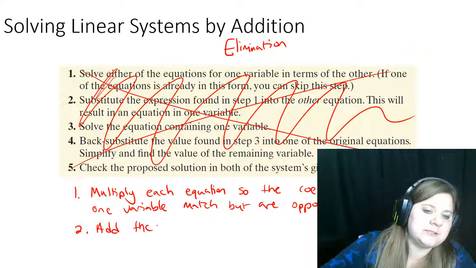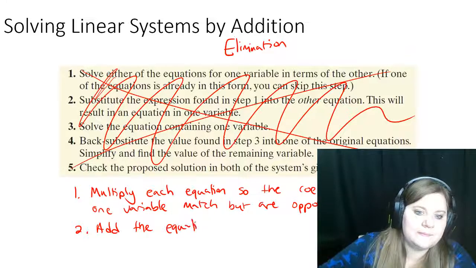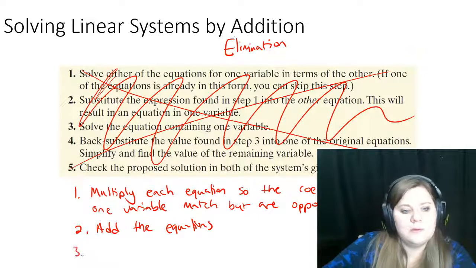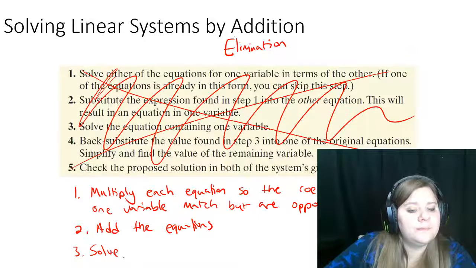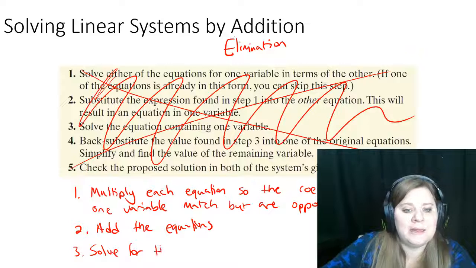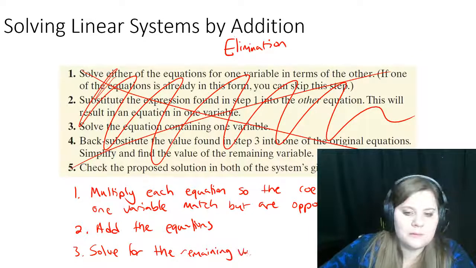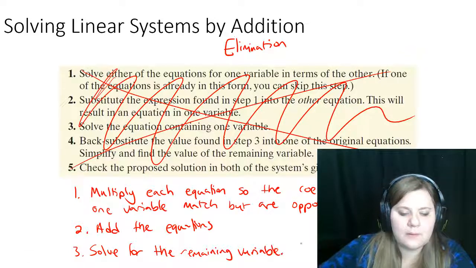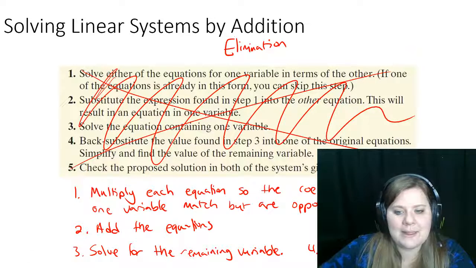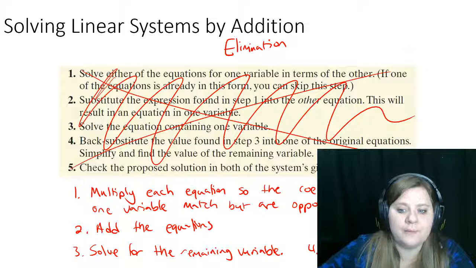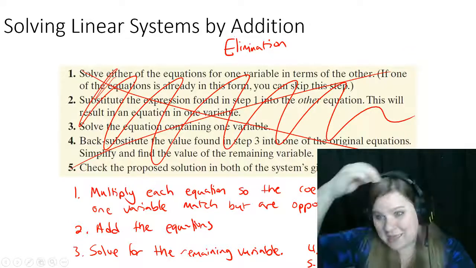Add the equations together. Solve for the remaining variable. Back solve for the other variable. And check. Sorry, I kind of squished that in there.